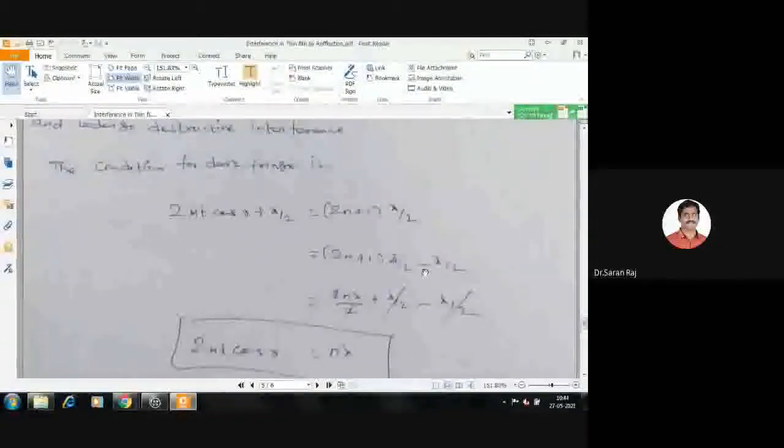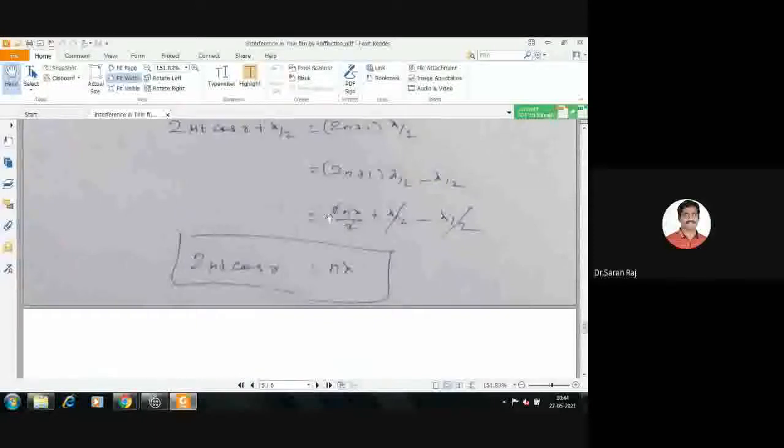Now we can simplify this equation: multiply inside, 2n lambda by 2 plus 1 into lambda by 2, minus lambda by 2. The plus and minus cancel, so the remaining value is 2n lambda by 2, the 2 cancels, so n lambda.